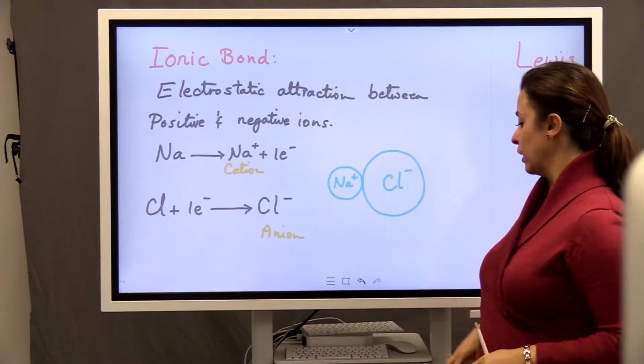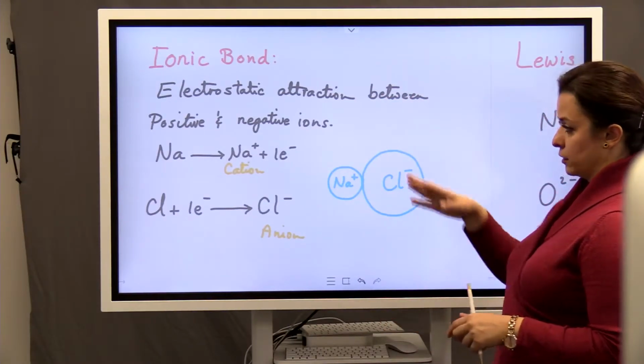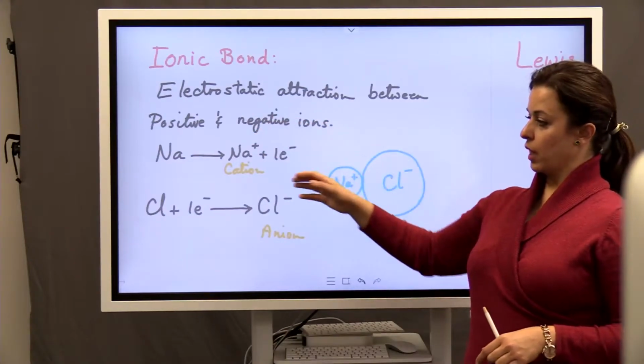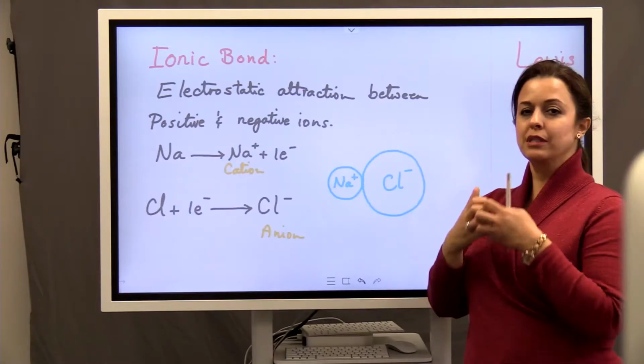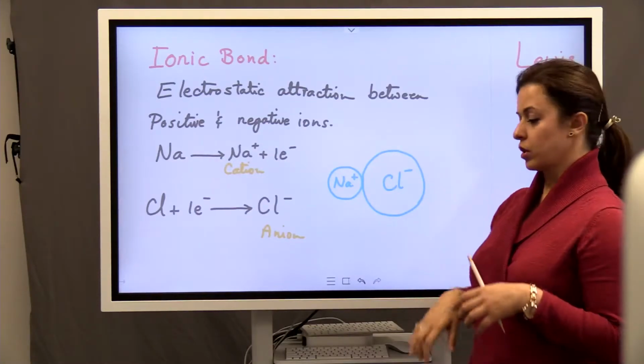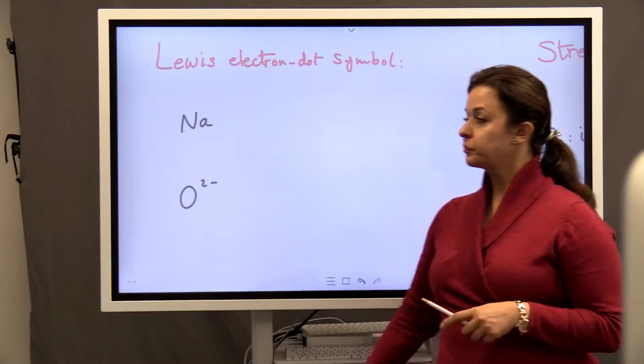So they will stay together. That's how an ionic bond is formed. So first, metal should change to cation, non-metal should change to anion, and then these positive and negative charges will stick to each other via a very strong electrostatic force.